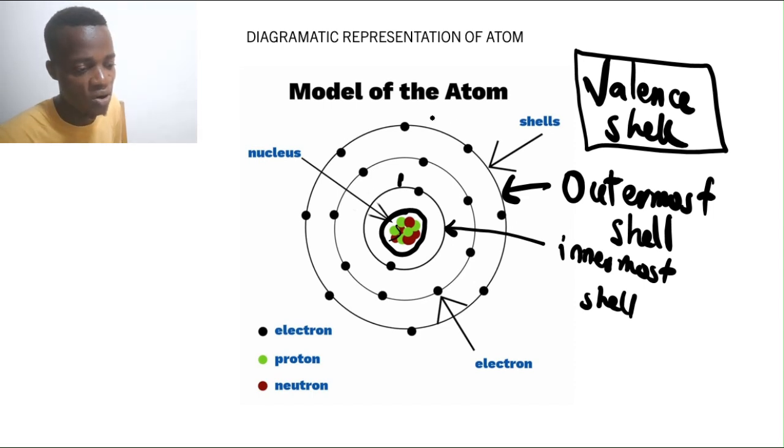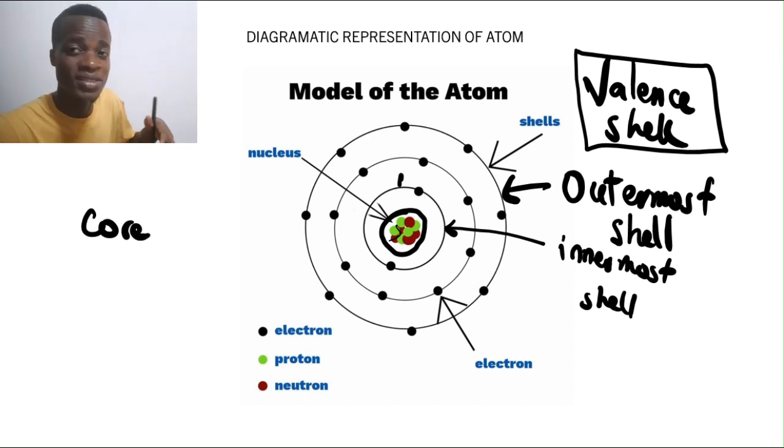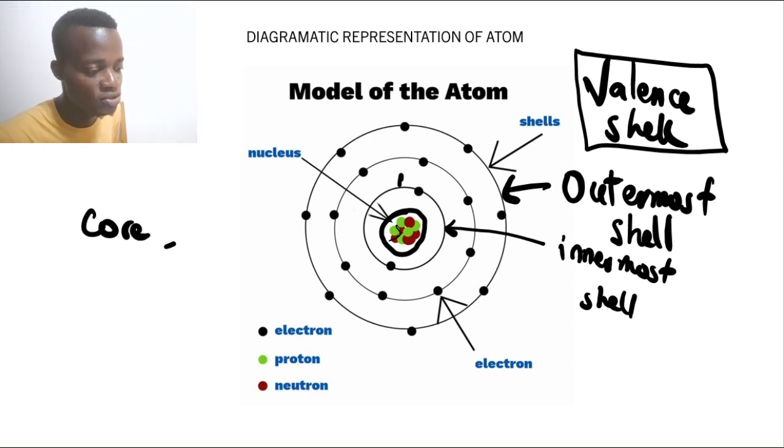So all the electrons of the outermost shell or the valence shell are called valence electrons. All the electrons that are inner, we call them inner electrons, or core electrons. They are in the core of the atom. The core is like the inside of the atom, so they are core electrons, right? Core electrons are located on the inner shells, and outermost electrons or valence electrons are located on the valence shell.